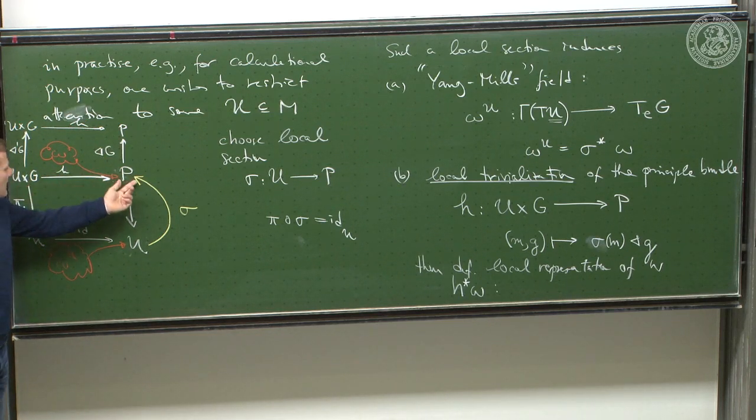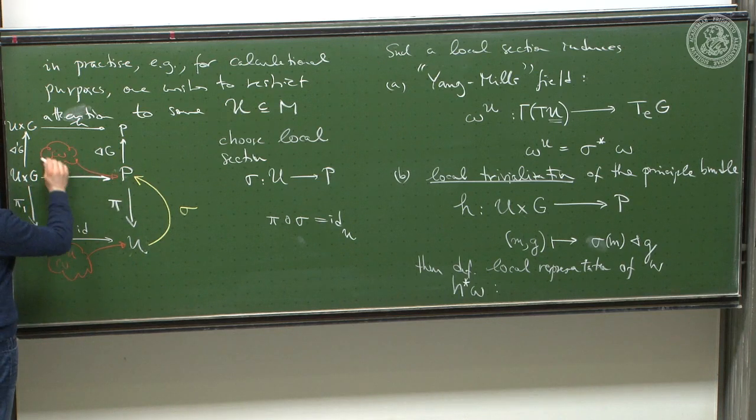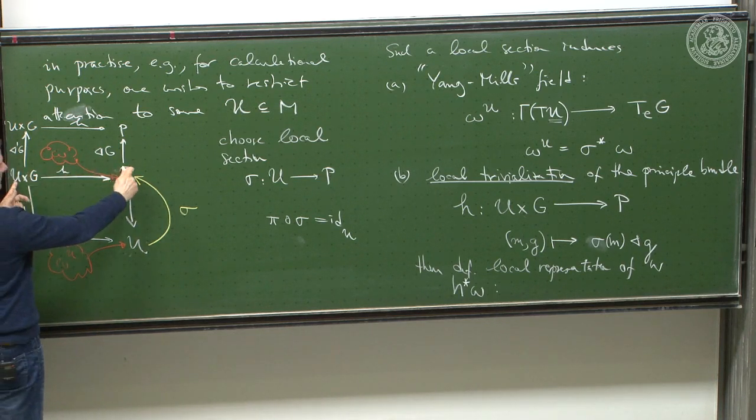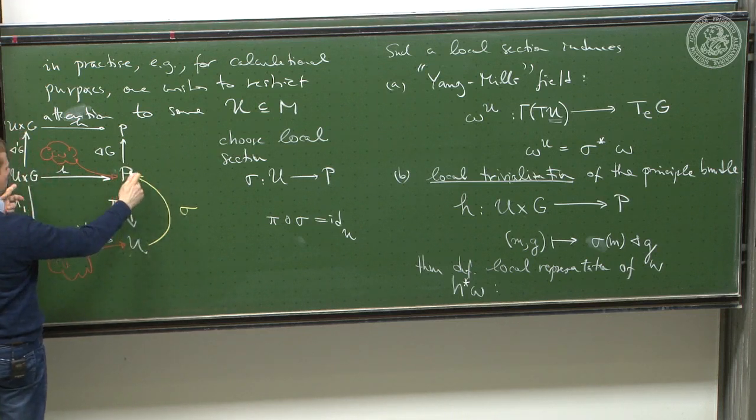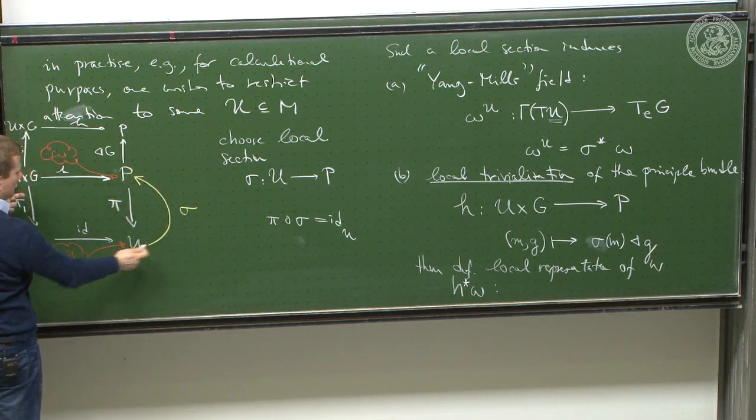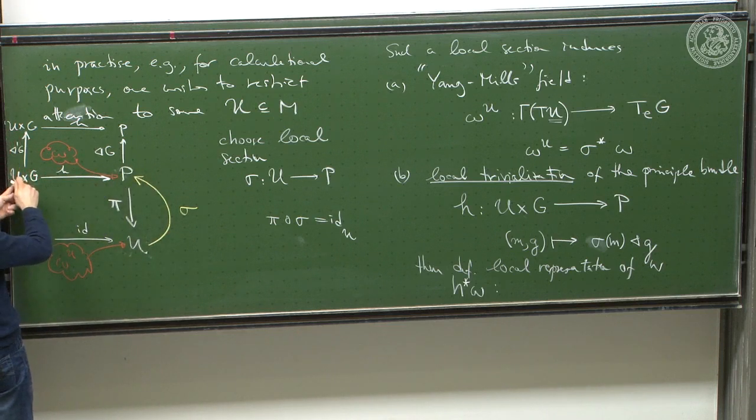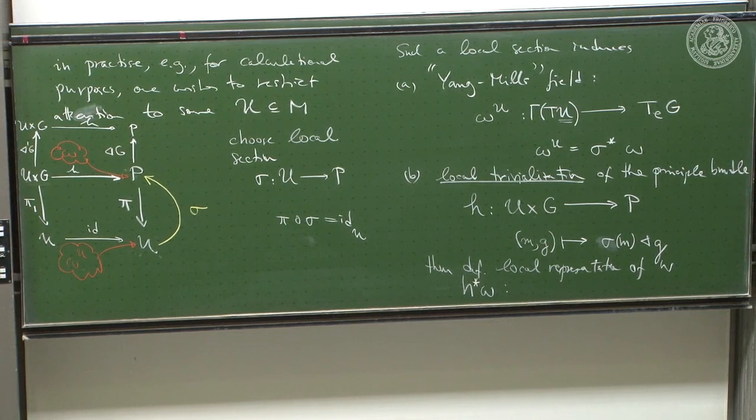Now this will not be a bundle isomorphism, because this is only part of it, but we can pull back the omega along here. So pulling back the omega along here, you get the Young-Mills field. Pulling back the omega here, you get the H star of omega, and that lives on this local trivialization.